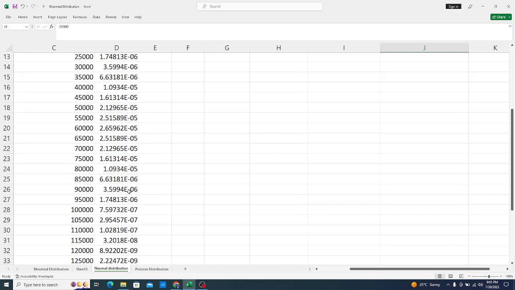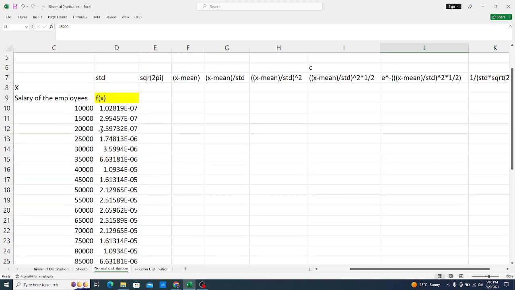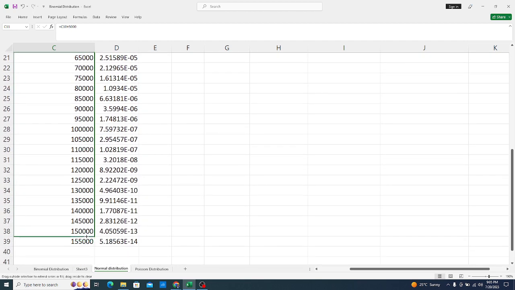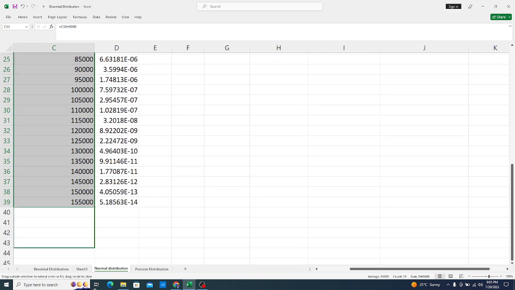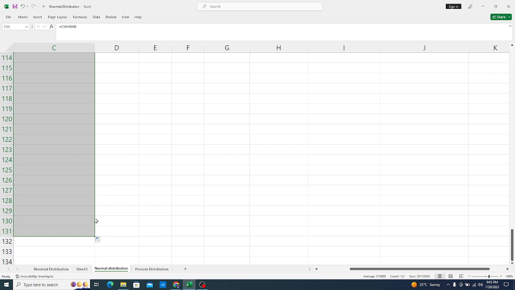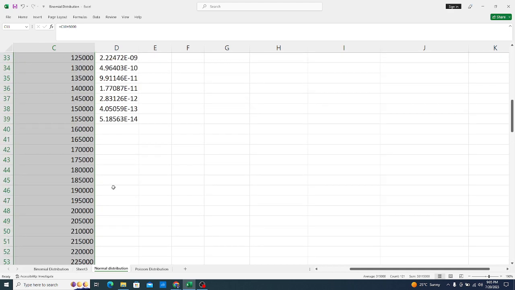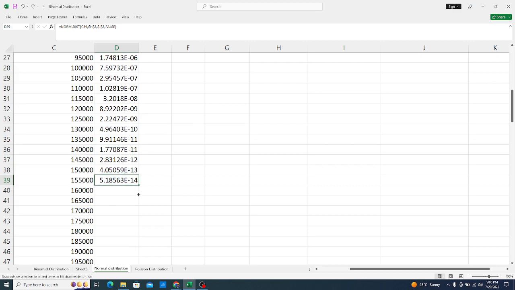So basically these are the probabilities for a person getting a salary of 65, and remember this is only for 30 people. What if we increase this? What will our probabilities look like?